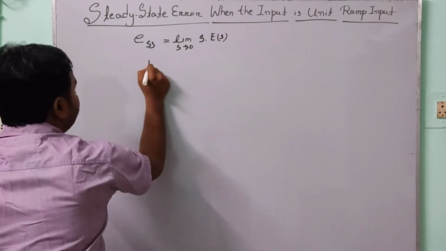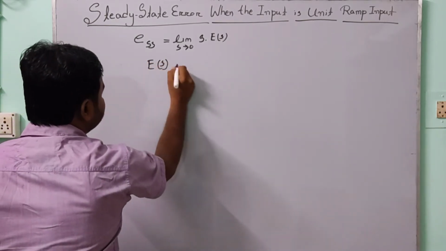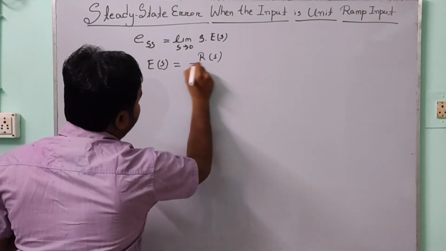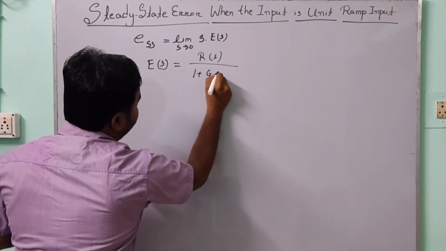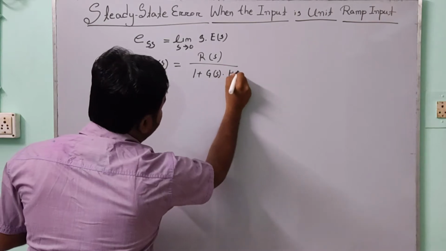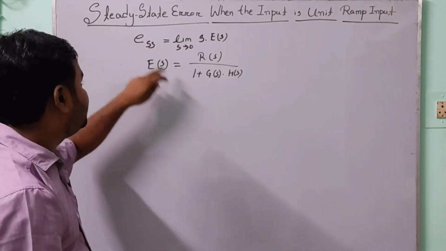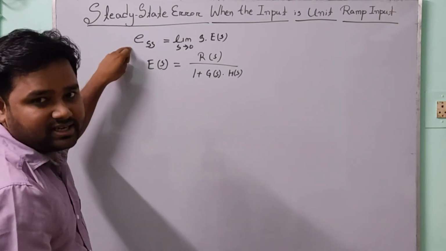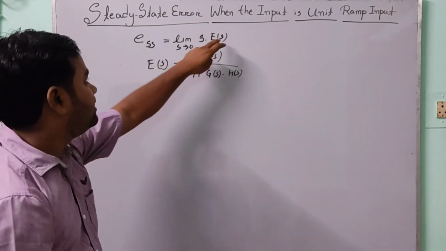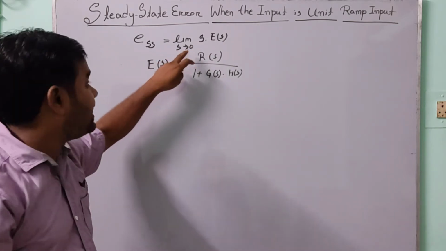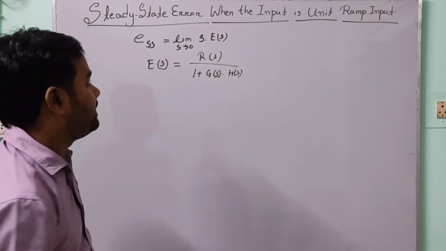We know that E of S is equal to R of S divided by 1 plus G of S into H of S. This is the main formula for error, and the other one is the formula for steady state error, when time tends to infinity and S tends to 0.